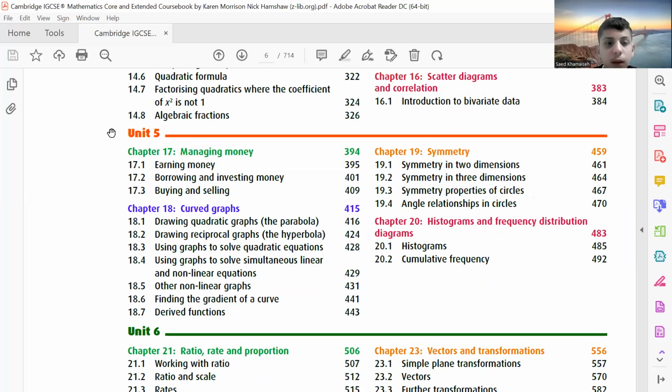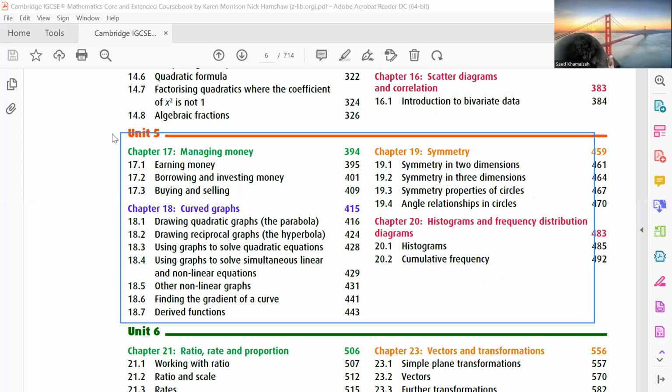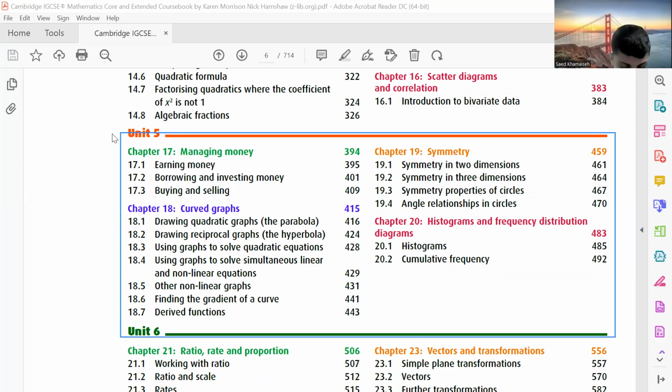Here we have in unit 5 four chapters. Okay, it's important. Managing money, curved graphs, which include quadratic graphs, solving quadratic equations using graphs, solving simultaneous linear and non-linear equations, other non-linear graphs, finding the gradient of the curve, derivative functions.